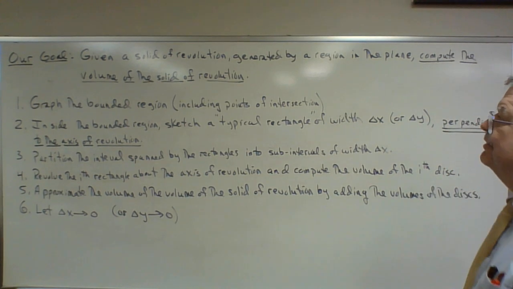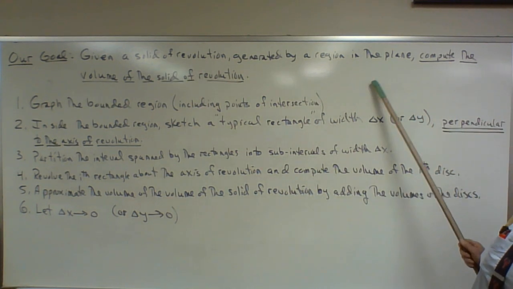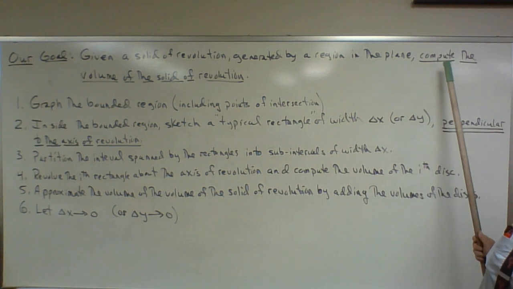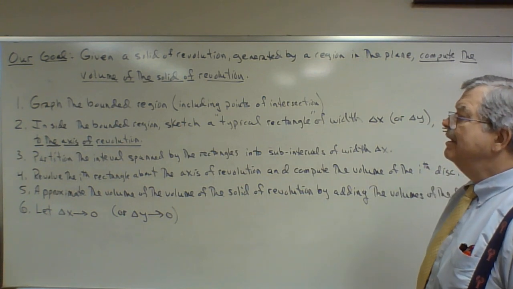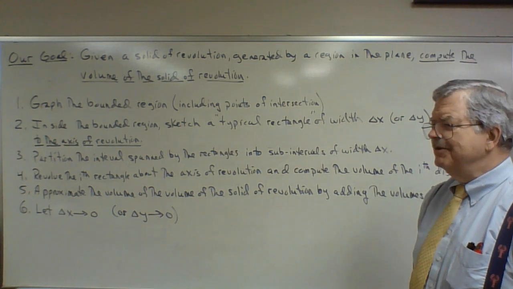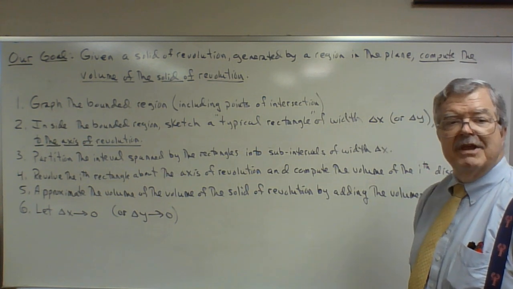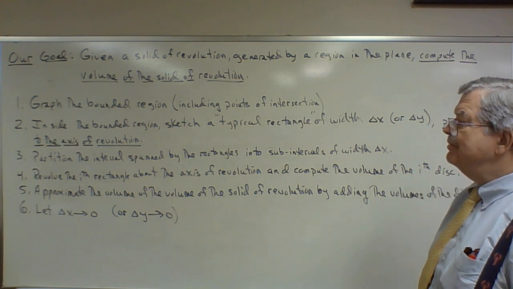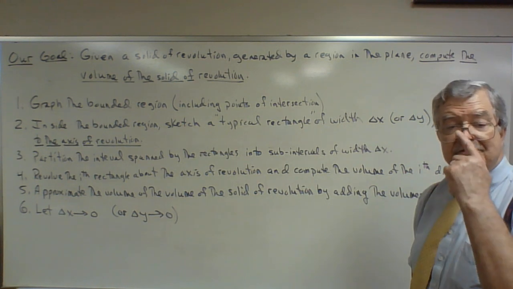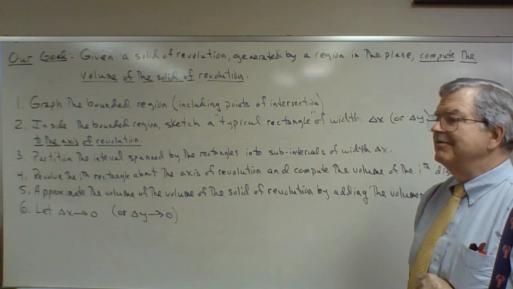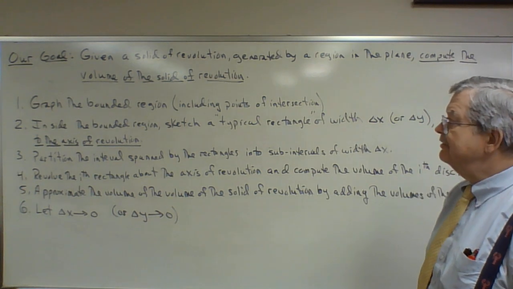Okay, here's what we're about to do. Here's our goal. Given a solid of revolution generated by a region in the plane, compute the volume of the solid of revolution. And that solid of revolution could be a cylinder, it could be a cone, it could be something shaped like a bullet, could be something shaped like a donut, etc. Whatever regions we revolve around the axis of revolution and whatever solids we get, we want to compute the volumes of those solids.